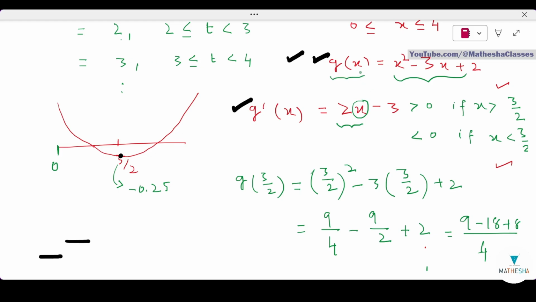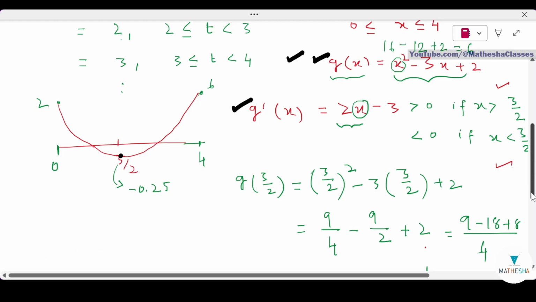So if you put x equal to 0, you will be getting 2. And you have to consider function up to 4. What will be the value at 4? If you put x to be 4, then that will be 16 minus 3 into 4, 12 plus 2, that means 6. So here the value is 6. So that's how gx will look like.